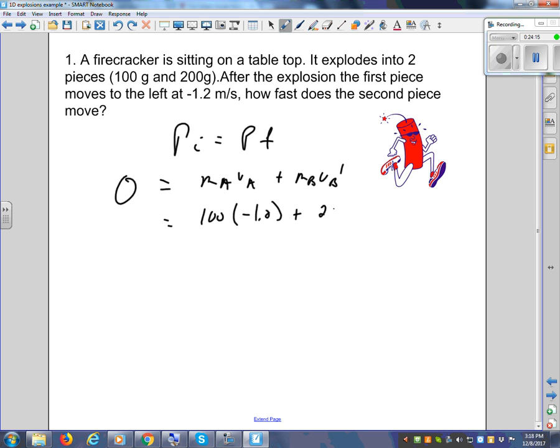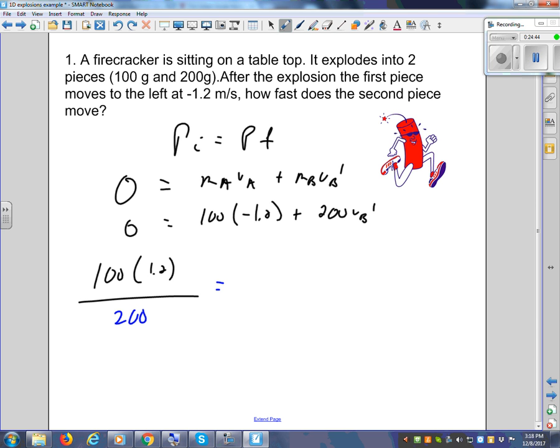So I'm going to move that 100 times the minus 1.2 over to the left. Because I know that this positive times that negative is negative here, on the other side it's going to be positive. So it's going to be 100 times 1.2, and that's all going to be divided by 200.